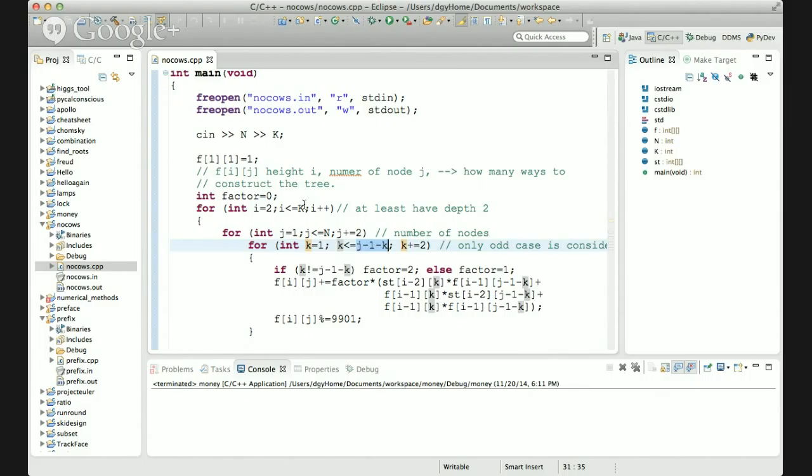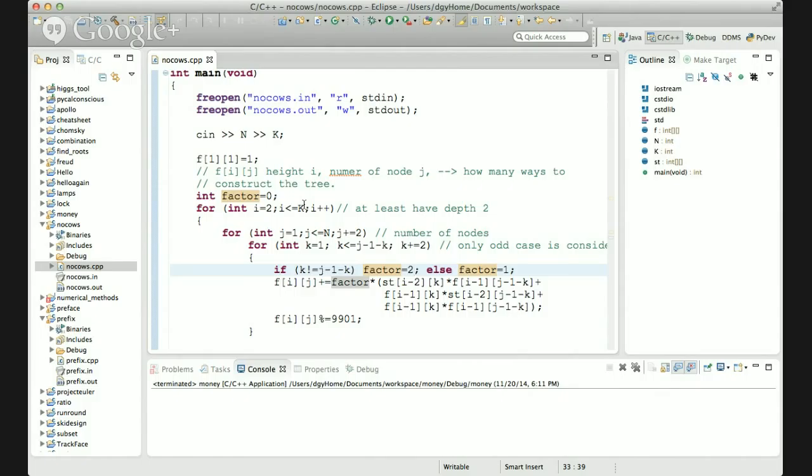It's the largest it can go, because we need to save some space for the left or for the right. And if it's not equal to that, then the factor equals 2. Why equals 2? Because we have 2 children. Otherwise, we have 1.